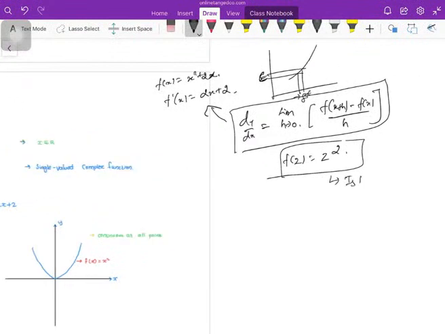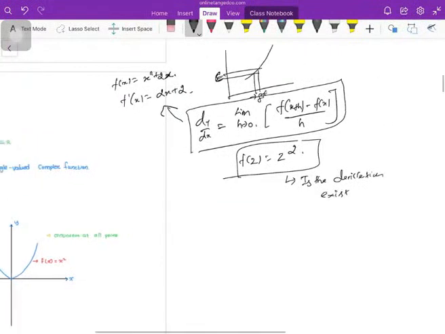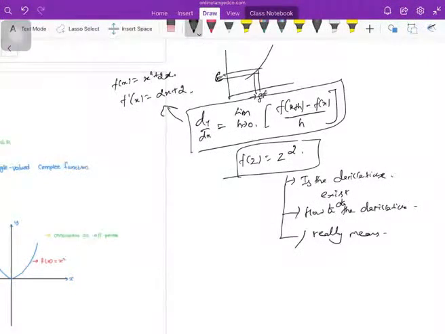First of all, does the derivative exist? That is one thing. The second thing is how to do the derivative. What does the concept of derivative really mean?